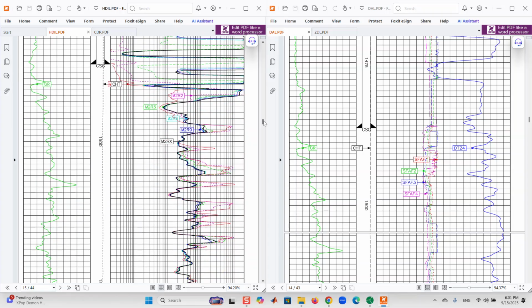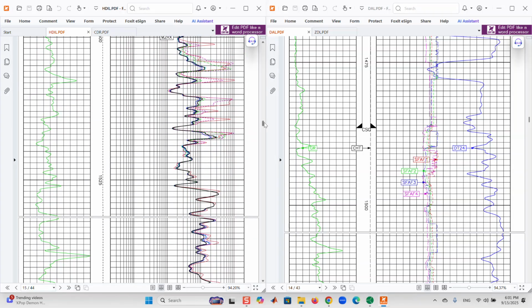Let's scroll down. As can be seen, in this well we use an OBM-based drilling fluid. As the invasion of the drilling mud into the flush zone, we expect higher resistivity readings in the near borehole regions.